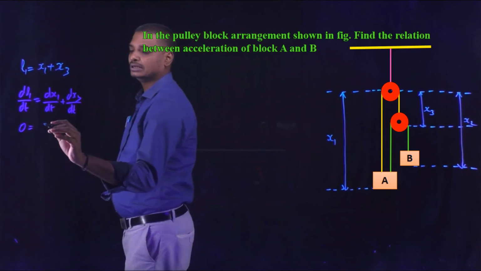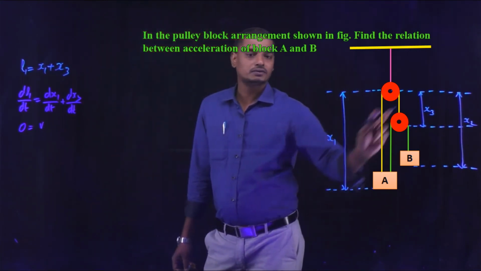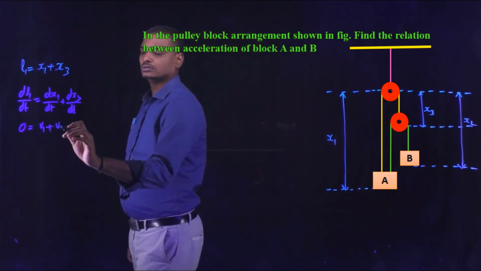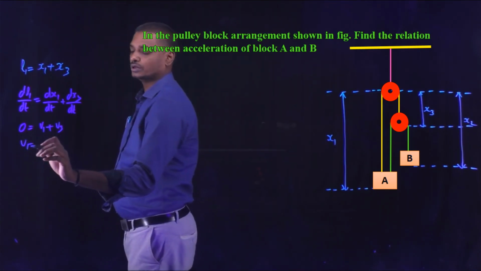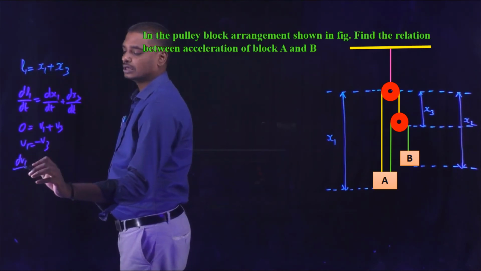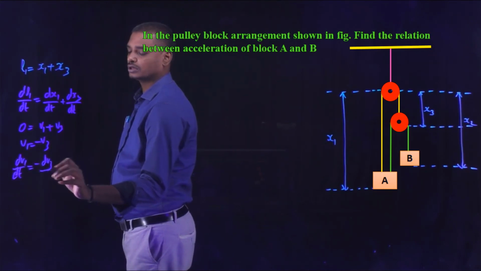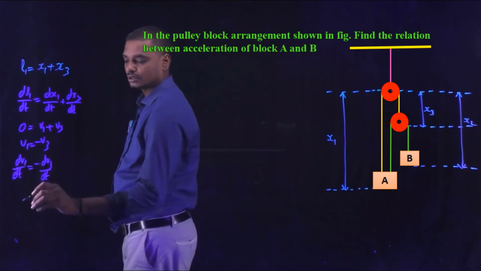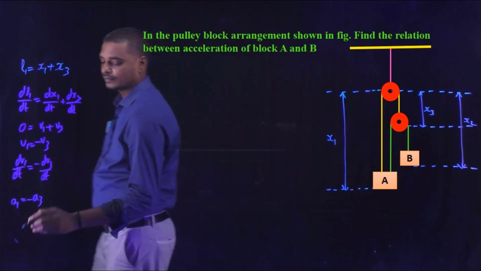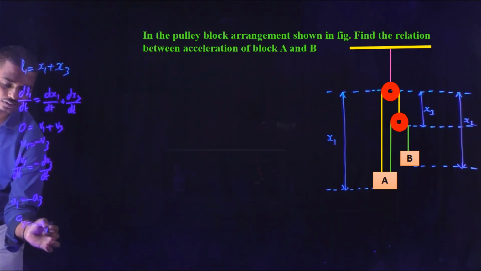So dx1 by dt is the velocity of this part of the wire, v1 plus v3, so v1 is equal to minus v3. Differentiating again with respect to time, dv1 by dt is equal to minus dv3 by dt, that is, the acceleration of the first block is a1 equal to minus a3, or a3 is equal to minus a1.